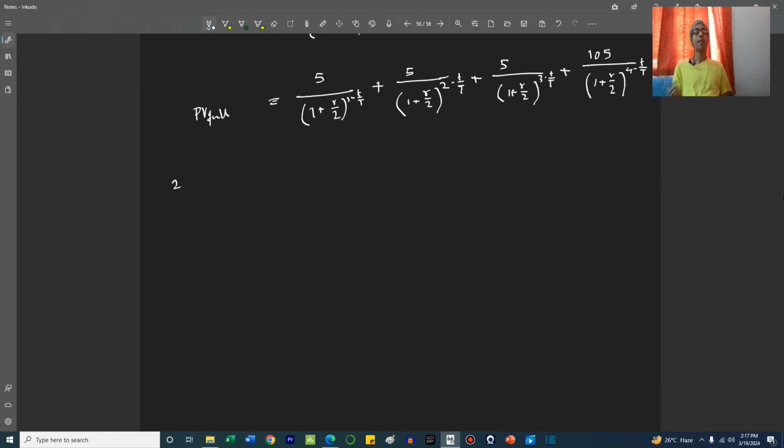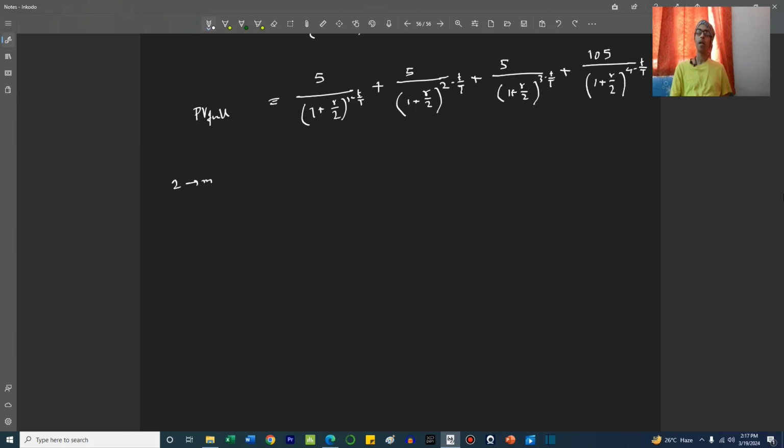Instead of it being semi-annual, it could be quarterly or monthly or annually. So instead of 2, we write M: M periods in each year for the annualized coupons. The coupon here is 5, but it could be any other payment.